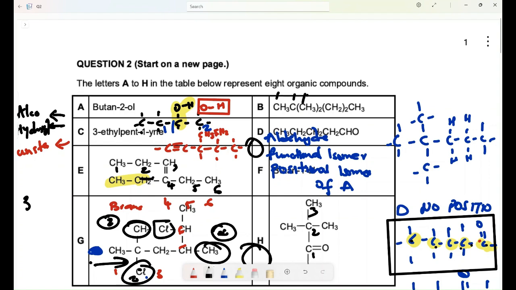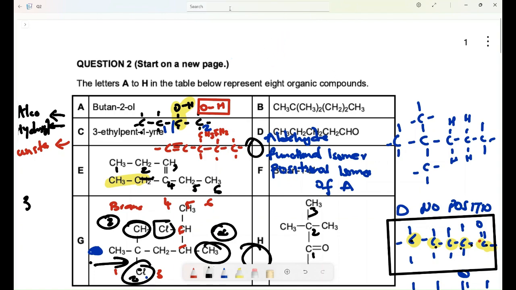So B, when we use a molecular formula, let's count the number of carbons. 1, 2, 3, 4, 5, 6, 7. Because here, can you see there are 2 carbons here? So you count 2. Even here, there are 2 carbons, you count 2. So we have 7. So if it's 7, I know the general formula says CnH2n+2. So it is plus 16. C7H16.